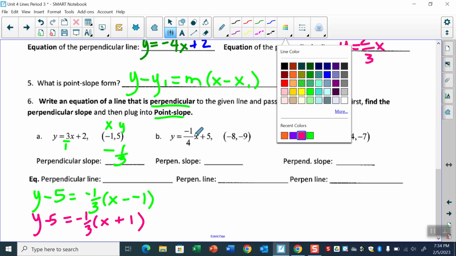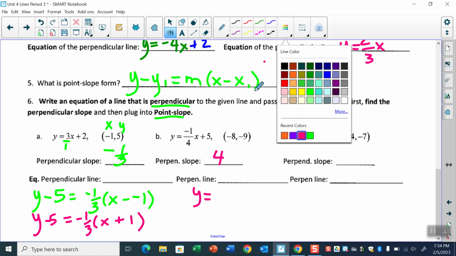And then here, now I've got perpendicular slope. This is negative, so my perpendicular is going to be positive. The reciprocal of 1/4 is 4, right? 4 over 1. So my perpendicular line is going to be y equals, oops, back up here.